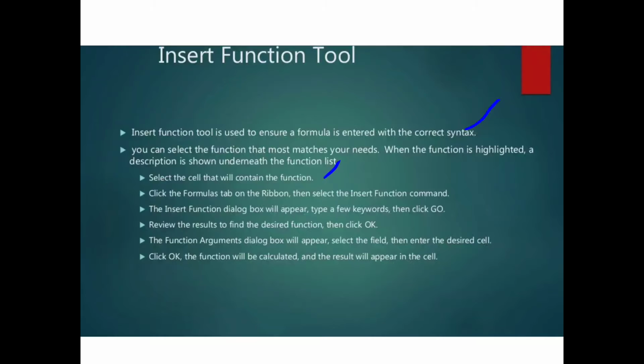Review the results, find the desired function, and then click it. The Function Arguments dialog box will appear. Select the field, then enter the desired cell. Click OK. The function will be calculated and the result will appear in the cell. This is how we use the insert function tool.